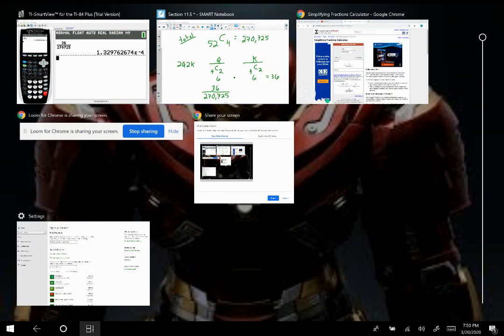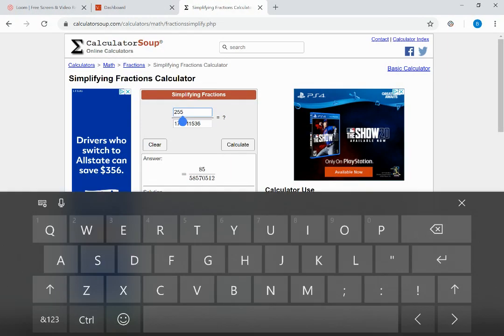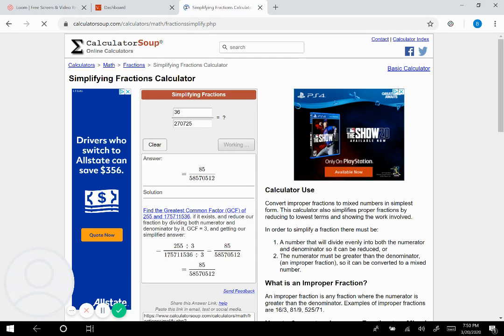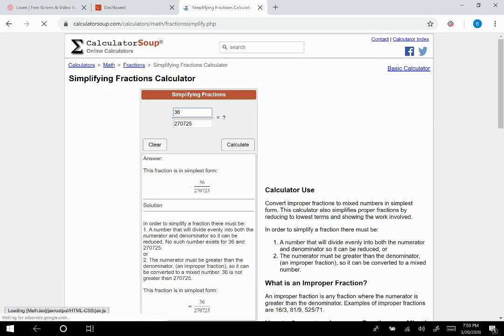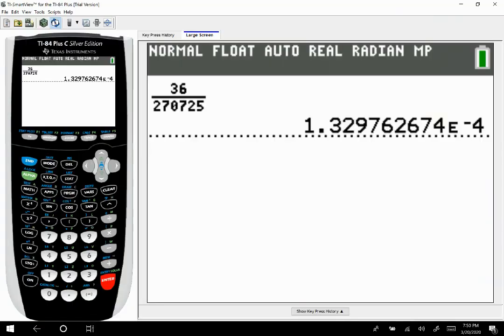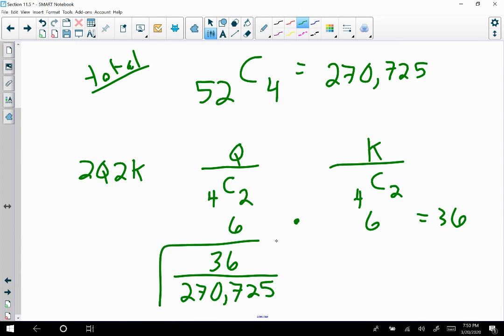So we go back into our fraction reducer, bring up my little keypad. So 36 over 270,725. And that is the answer. It does not reduce. So there's your final probability.